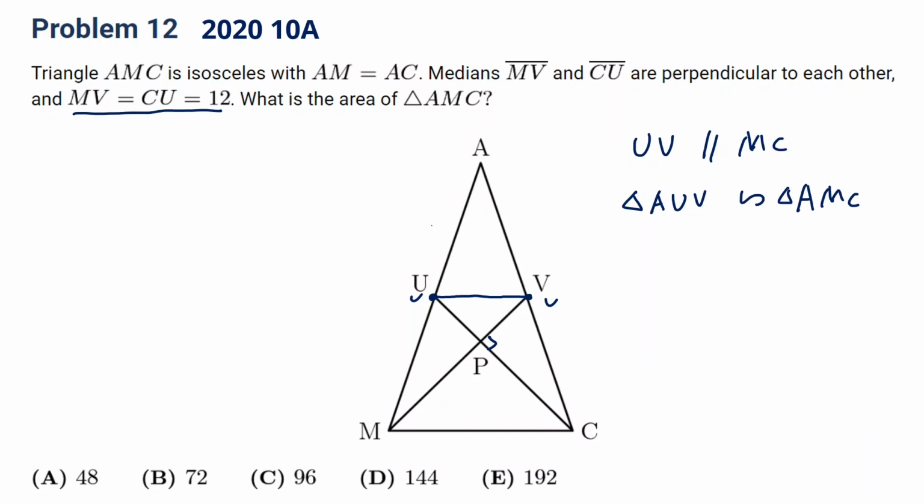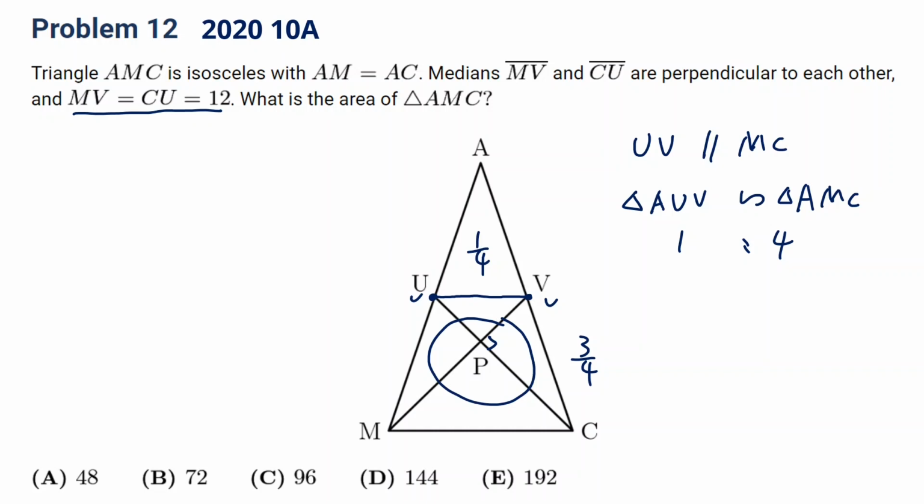Since AU is half of AM, the area ratio of triangle AUV to triangle AMC will be 1 over 4. So this is 1/4 of the big triangle, which means the bottom part is 3/4 of triangle AMC.